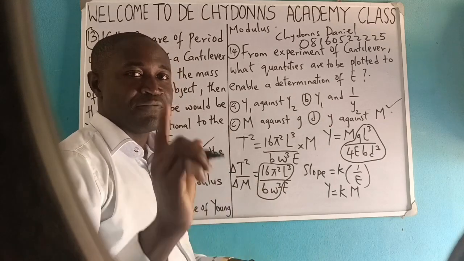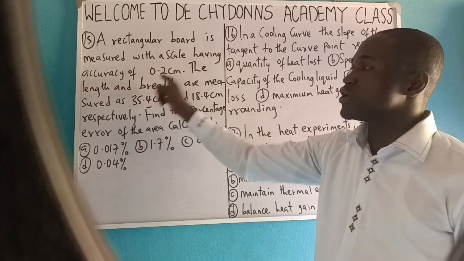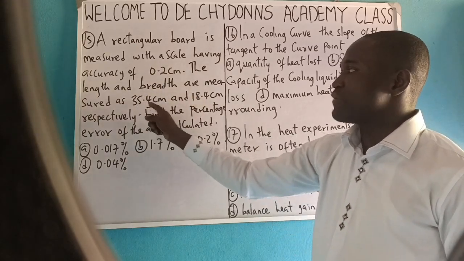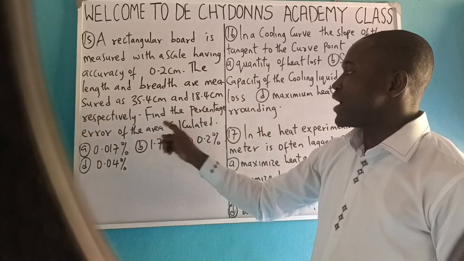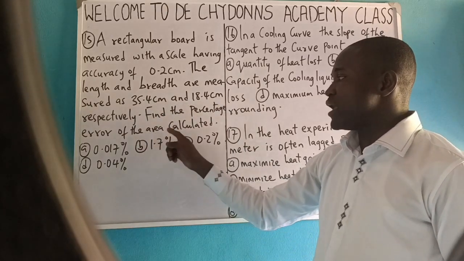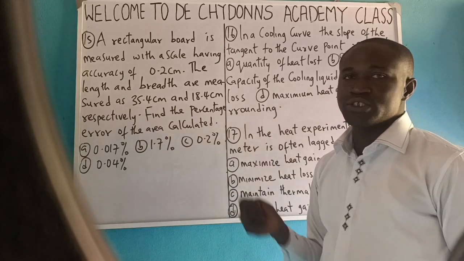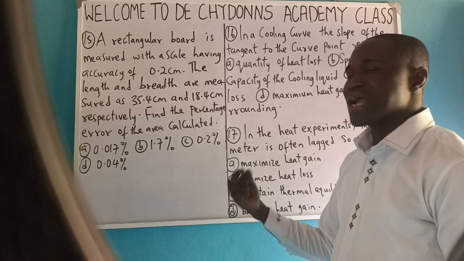Question number 15. A rectangular board is measured with a scale having accuracy of 0.2 cm. The length and breadth are measured at 35.4 cm and 18.4 cm respectively. Find the percentage error of the area calculated. This is another new question. How do we find the percentage error of the area calculated?